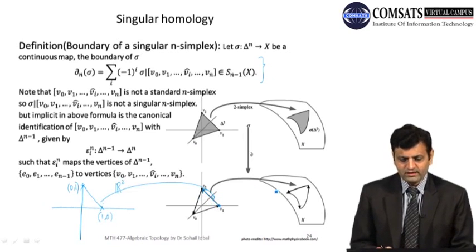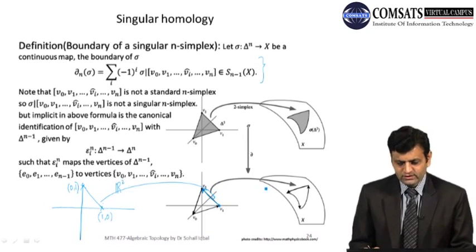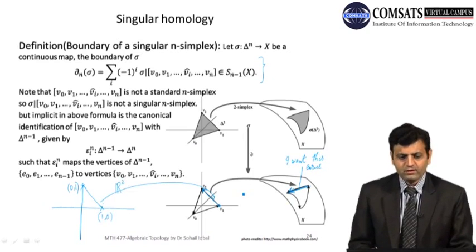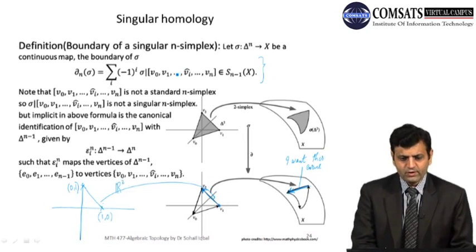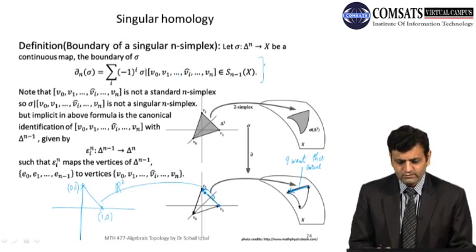So in other words, when I'm taking the image from this one simplex to this one simplex, I want to consider this curve, basically this line. In order to make our definition compatible, how did we define the boundary? We just took this one simplex and took its image under sigma, and then I will get this, and take this element.